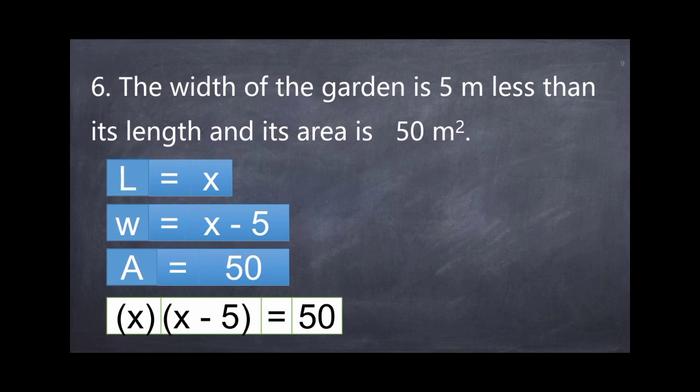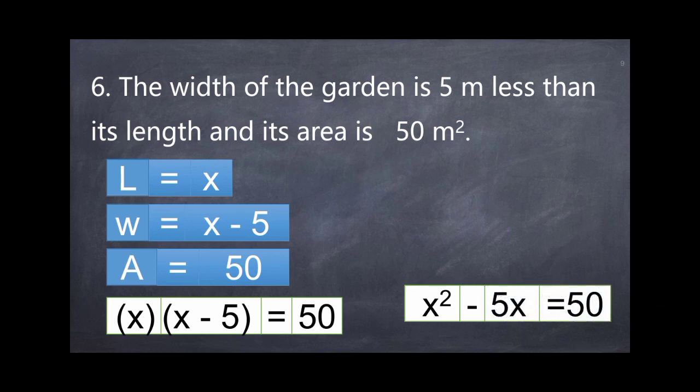So, pag tinimes natin si x and x, the answer is x squared minus x times 5 is 5x. Then, this is equal to 50. Is this a quadratic inequality?